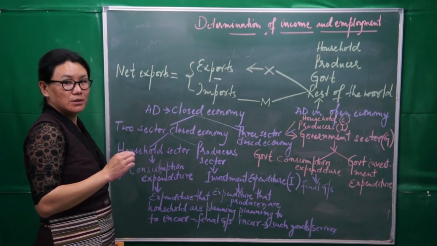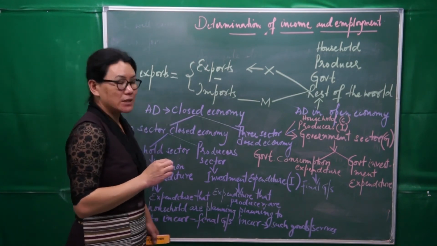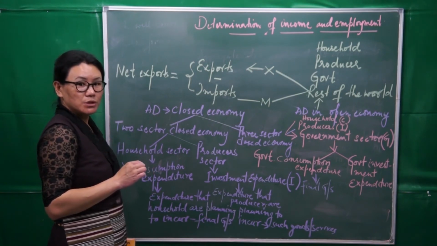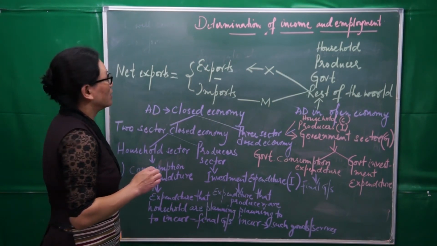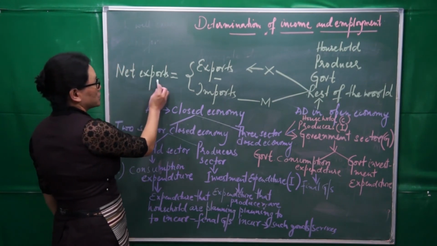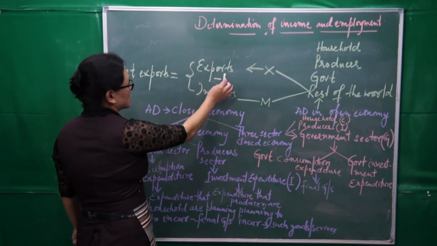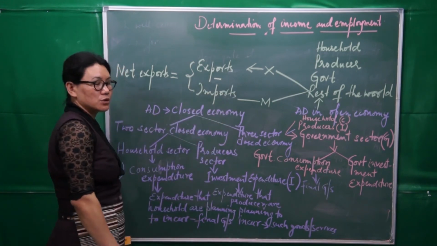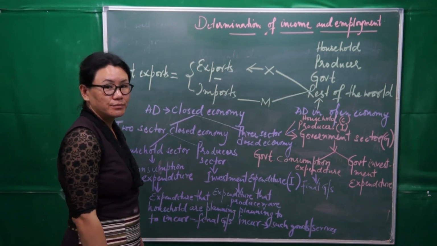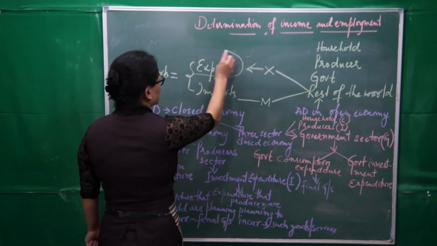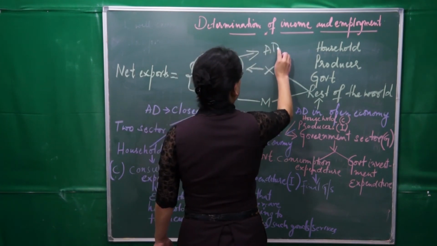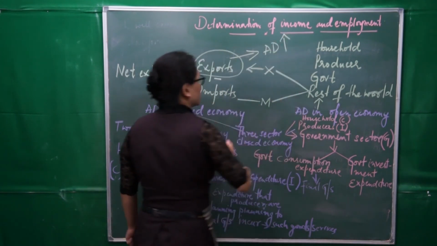Now we have already studied what is this export and what is this import. So I said net export is the difference between export minus import. This one will do what? It will increase AD, right?